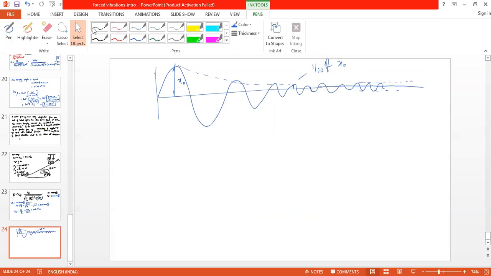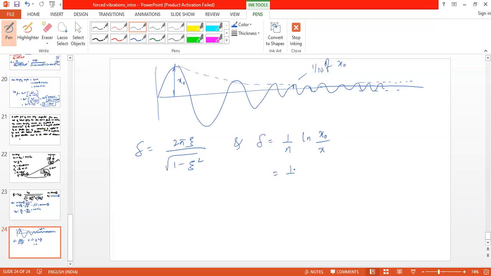Okay, so we know that delta is equal to 2 pi zeta by root of 1 minus zeta square, and delta is equal to 1 by n ln of x naught by xn, right? You know these two equations from the previous chapter.